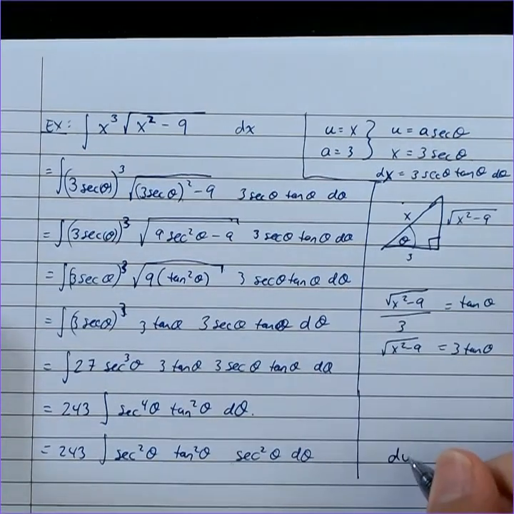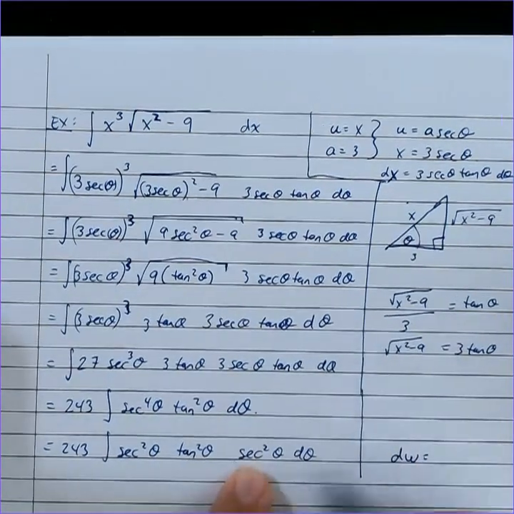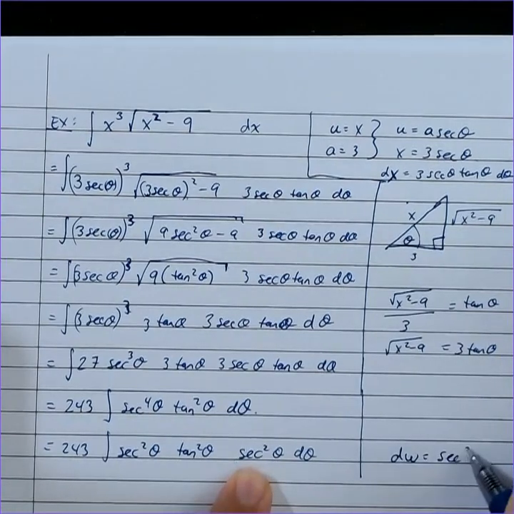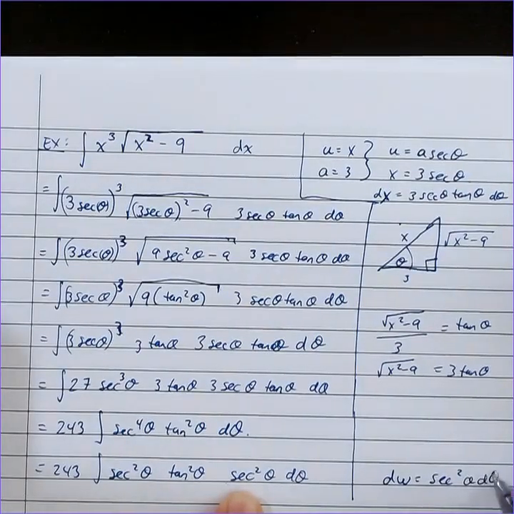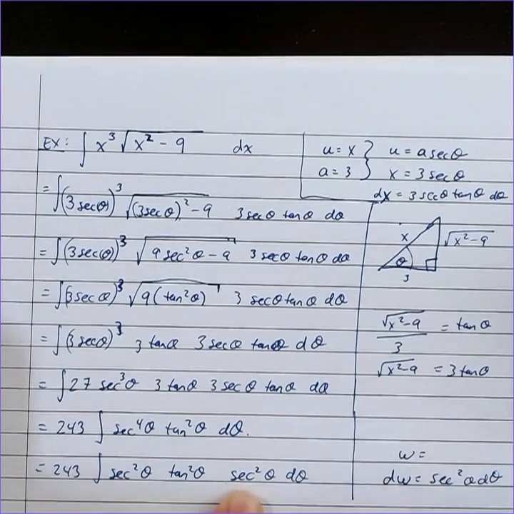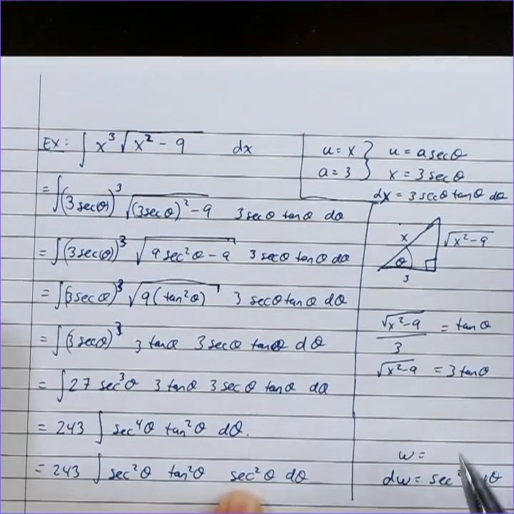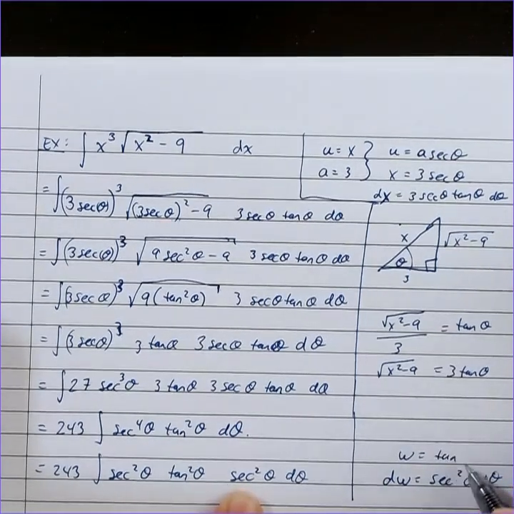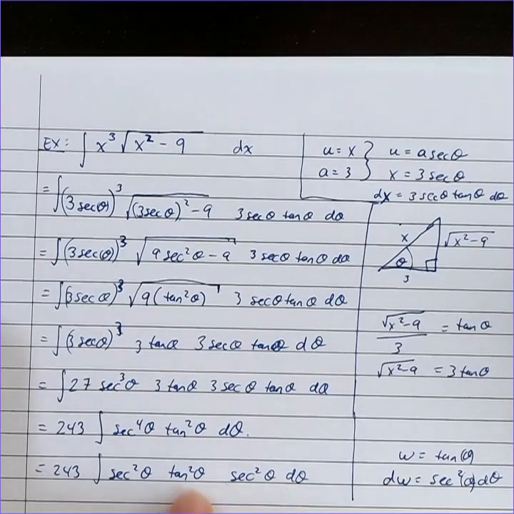Let's say dw. If that dw, my differential, is going to be secant squared of theta d theta, that means that the original w had to be something whose derivative is secant squared of theta, which is the tangent of theta. So that's our differential. That'll be our dw. Everything else must be written in terms of tangent of theta.